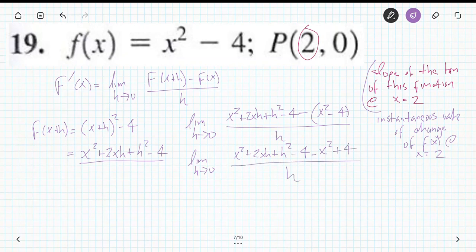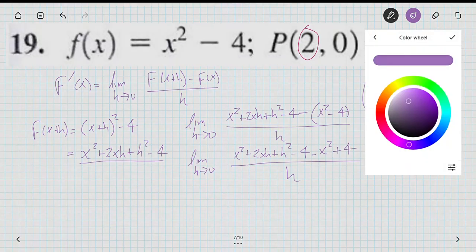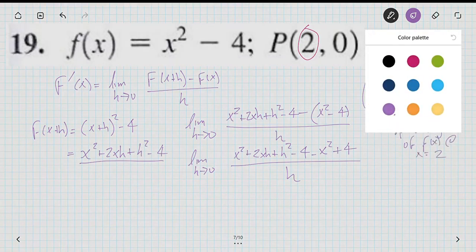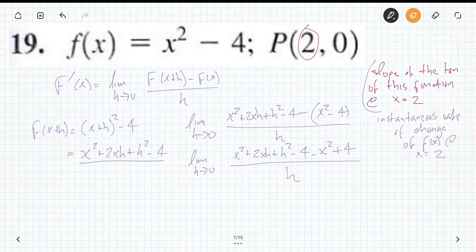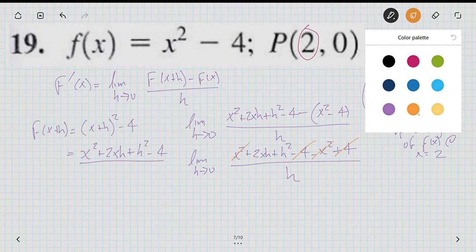And so now we need to look at things that are going to cancel out. So let me grab another color, and let's grab this yellow here. Okay, so I have a negative x squared and an x squared here at the front, so I'm going to eliminate that. I have a negative 4 and a positive 4, so I'm going to eliminate those. And I end up with this simplified expression.